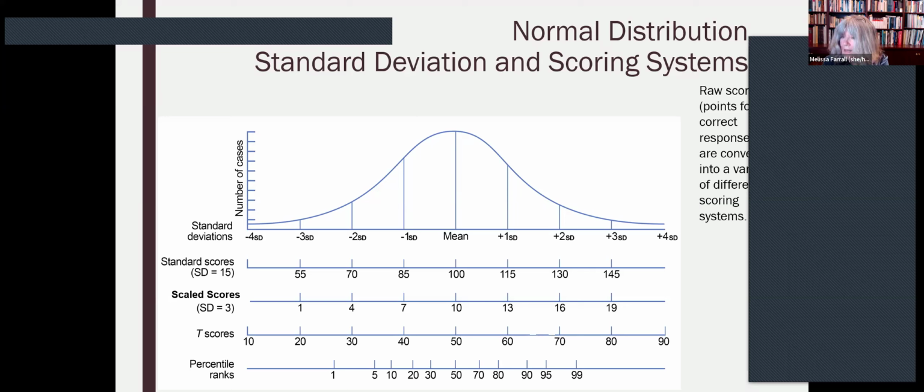But you can see they're kind of different, can't you? They're not like the other scoring systems we've looked at because they're not equidistant from one another. You can see that the interval from the 5th percentile to the 10th percentile is not the same as the interval from the 50th to the 55th percentile rank, right?